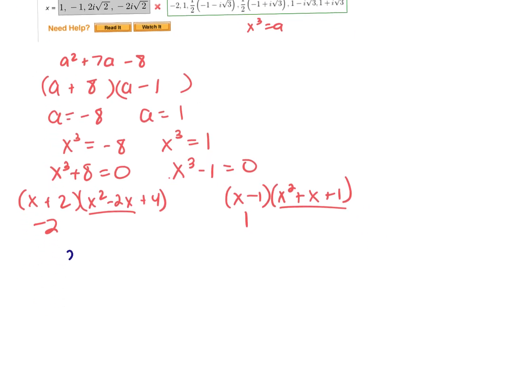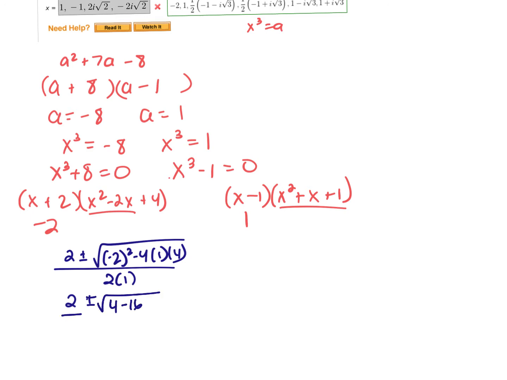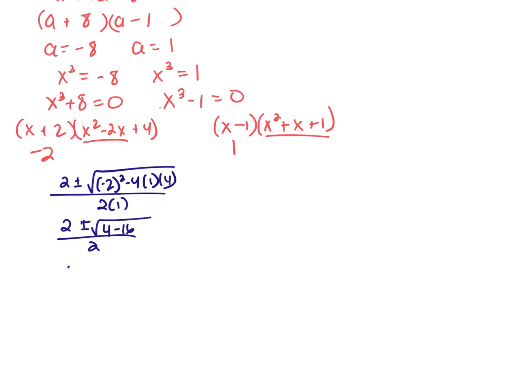So -b plus and minus square root of b squared minus 4ac all over 2 times a. So I'd get 2 plus and minus square root of 4 minus 16 over 2, which is 2 plus and minus square root -12 over 2. This becomes 2i root 3 when you simplify it, and then it's 1 and 1.